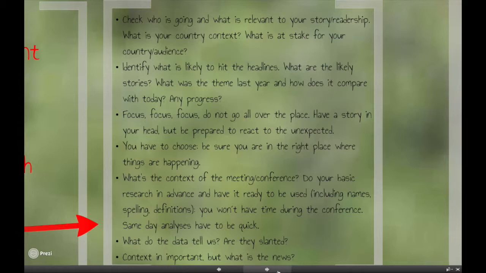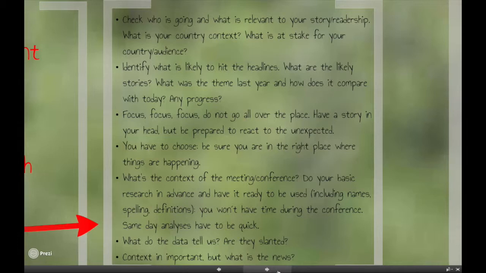Also, again, in this case, it's very important to have the context of the meeting or conference in advance. Do your basic research at home before traveling, and have it ready, handy to be used, including names, spelling, definitions, acronyms, etc. So you don't waste any time looking for that information during the conference, especially if you are about to produce a same-day analysis.